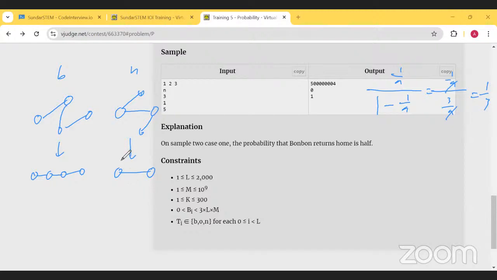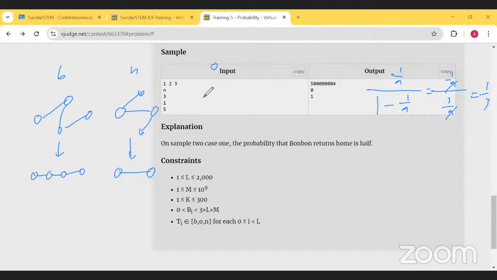Okay, until this point, do you understand? So the graph will be just a line graph if there are just P and N.